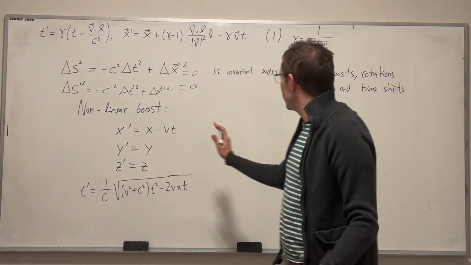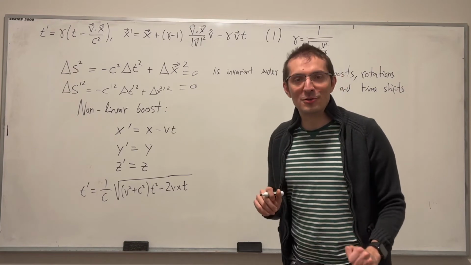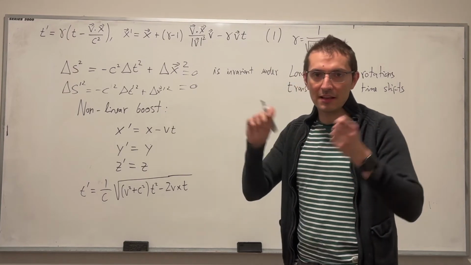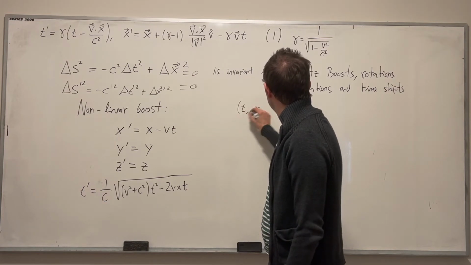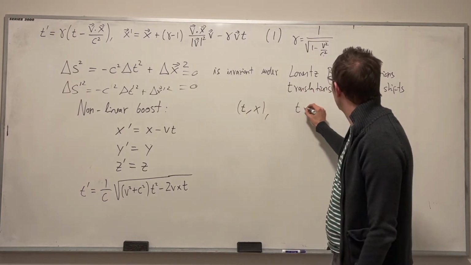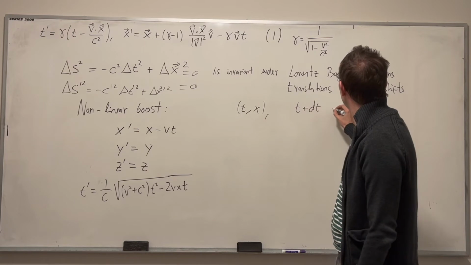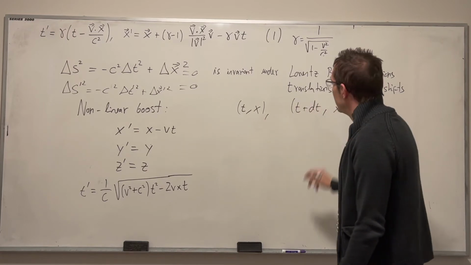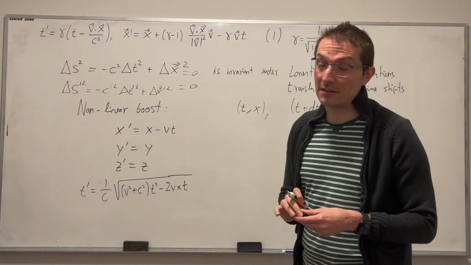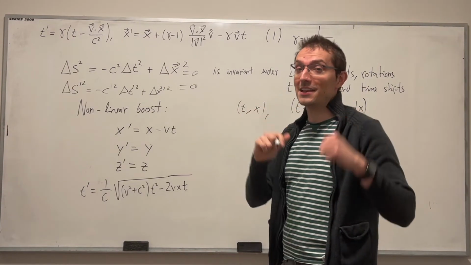All right, consider two very, very close events, not necessarily separated by propagation of light. So I consider an event t, x and another event t plus a small amount dt, x plus a small amount dx. I want to write things in terms of differentials, in terms of what we're going to call the line element.